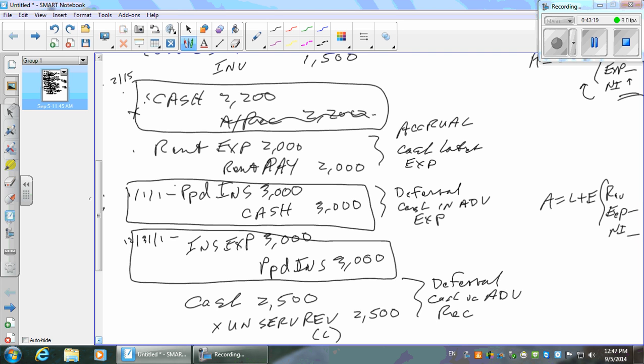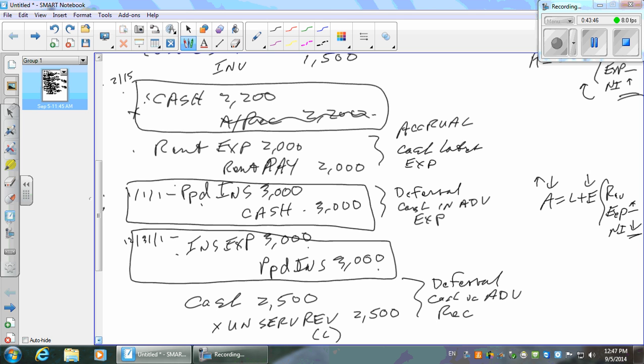Yeah, it looks like I increased one asset by 3 and reduced another asset by 3. Right, guys? What does this do? Increase expense, which reduces my net income, right? Which reduces my equity. Well, wait a minute, I need something else.